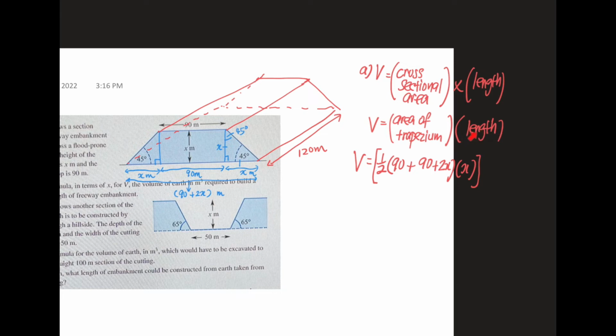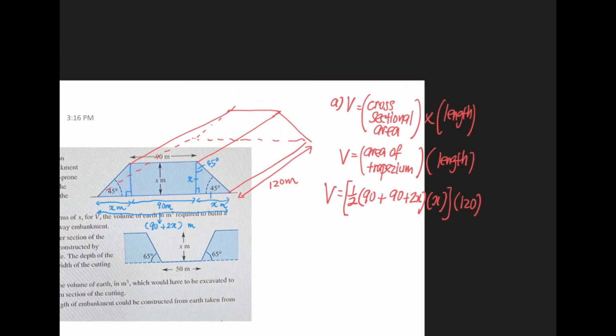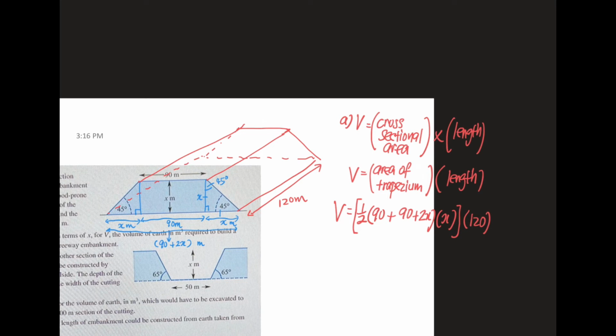Then I have to multiply with the length, which is 120 meter. Okay, so just for your reference, I write the formula of trapezium here. If later when you look back at the working, you feel like cannot process the information, then you see the formula here. Here to here is A, let's say.